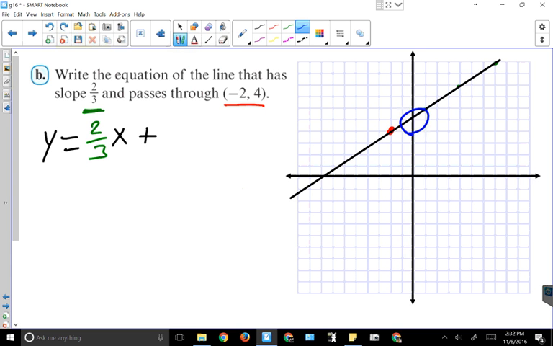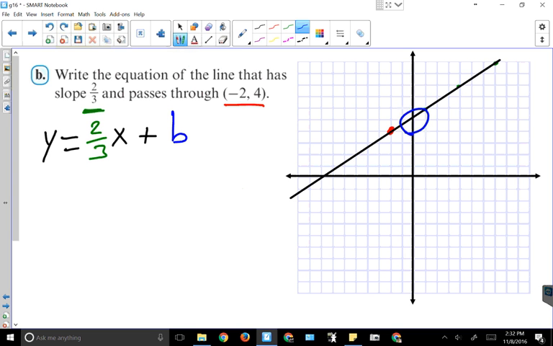Now, do I have more information that I can work with here? Well, I don't know what B is, but do I have any information about X and Y? Yeah, I got X and Y information right there. So what we can do here is use our algebra. It's always a fun thing, isn't it?